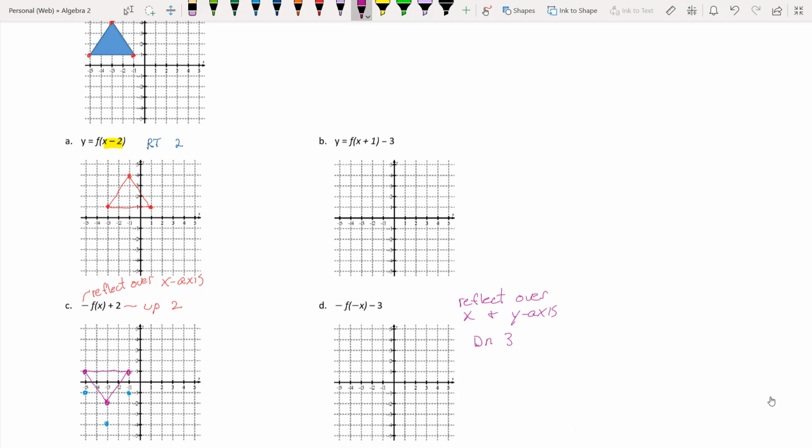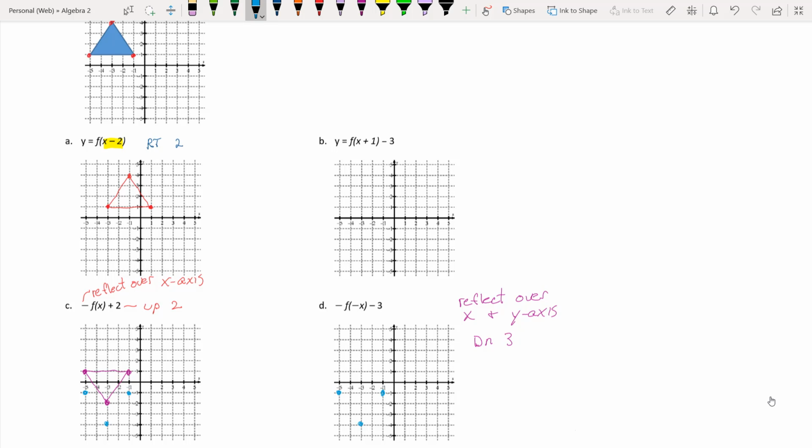I'm going to do these in the order in which it tells me. The negative out front says reflect over the x-axis first. So I'm going to take that triangle at the top. Again, I'm just going to reflect them just like we did a minute ago. Negative 5, negative 1, negative 1, negative 1, and negative 3, negative 4. There's my reflection over the x-axis.